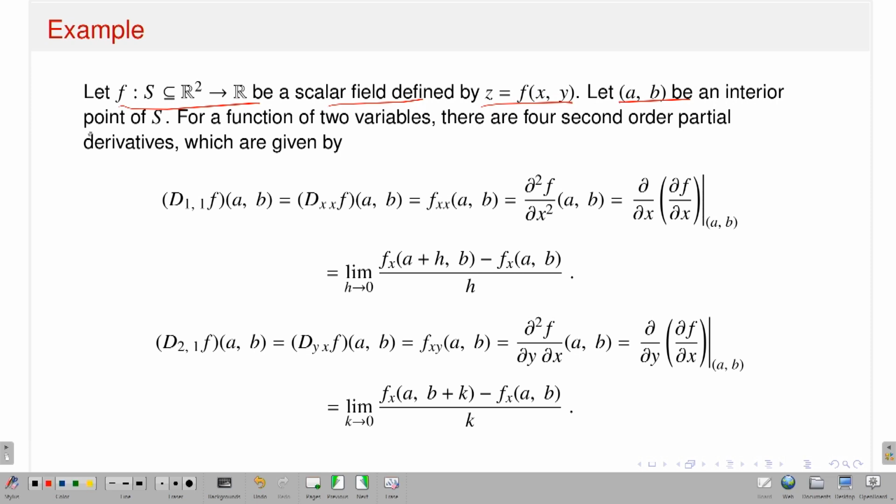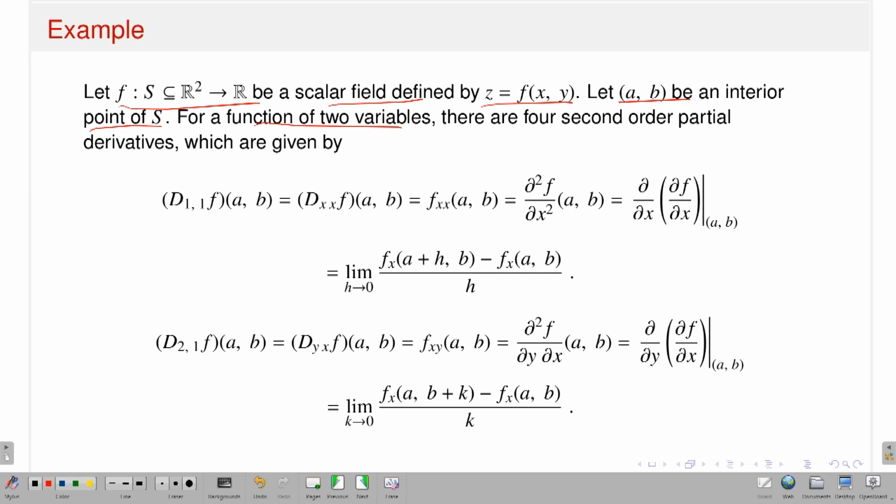Let A be an interior point of S. For a function of two variables, how many second order partial derivatives will we have? Since it is a function of two variables, I can have two first order partial derivatives, del f del x and del f del y. These are first order partial derivatives, while I will now talk about the second order partial derivatives. Each of del f del x and del f del y I can think of as a function from S, a subset of R2, to R.